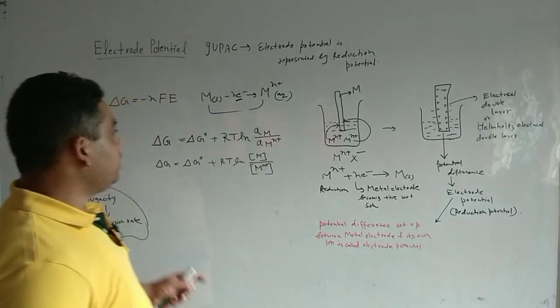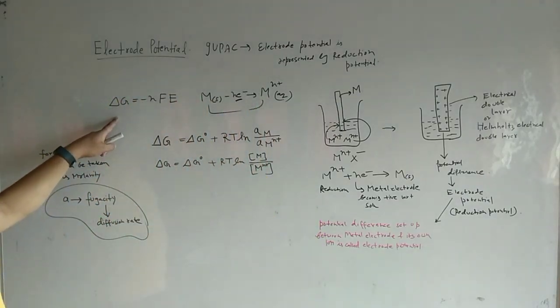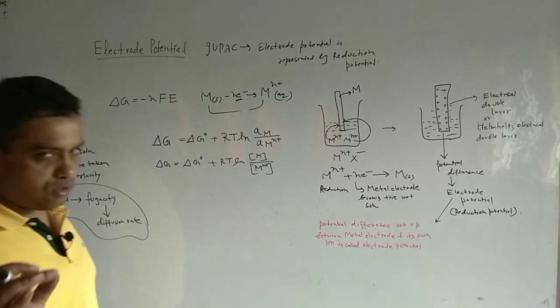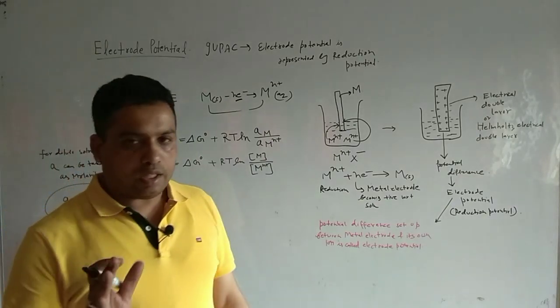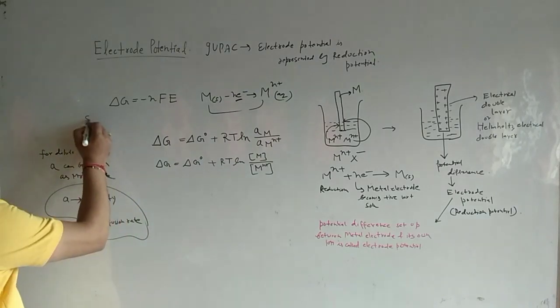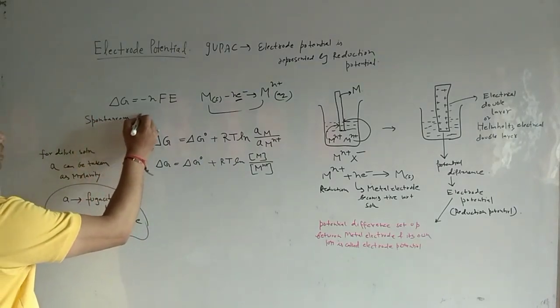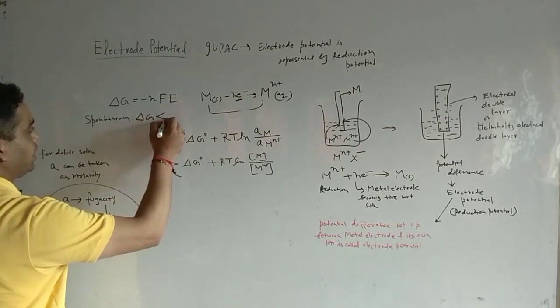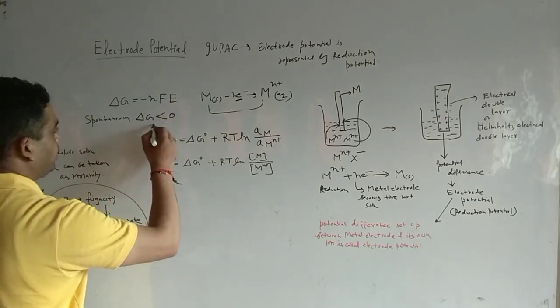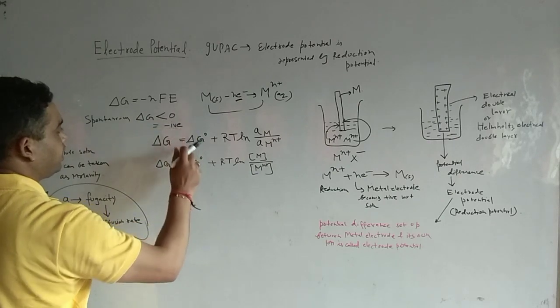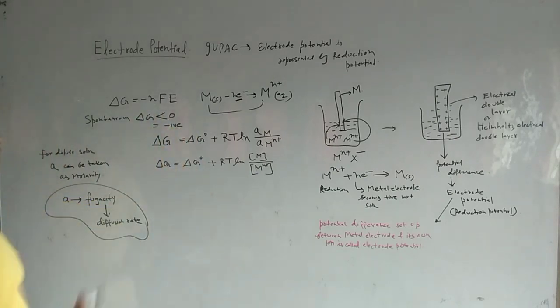And they are reacting spontaneously. If the reaction is spontaneous, then del G is less than 0. Of course, it is negative then. That's why I am putting del G as negative nFE.